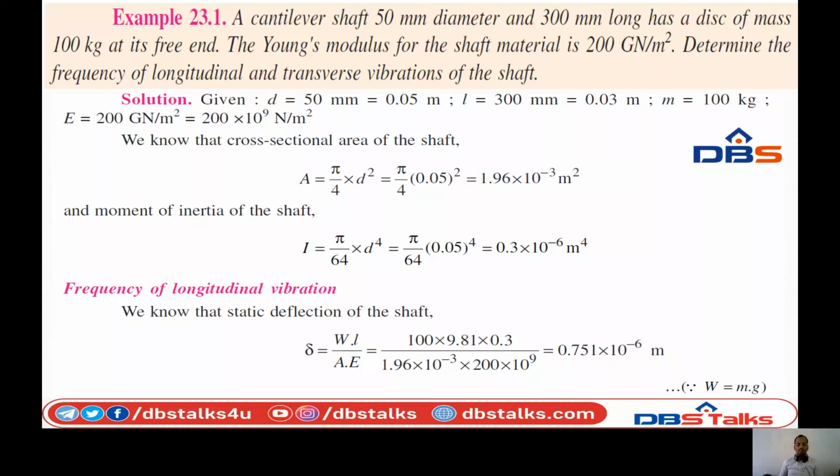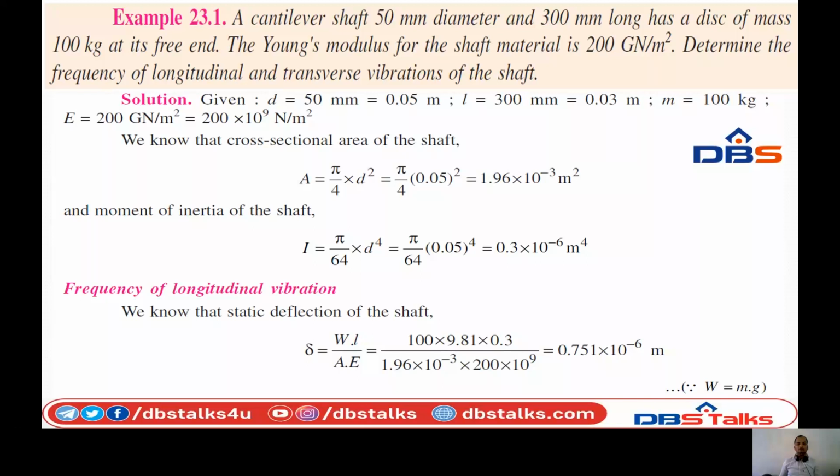The moment of inertia formula is I equal to pi by 64 into d power 4. So substitute them. From this, I is equal to 0.3 into 10 to the power of minus 6. By substituting that, we got delta as 0.147 into 10 to the power of minus 3.